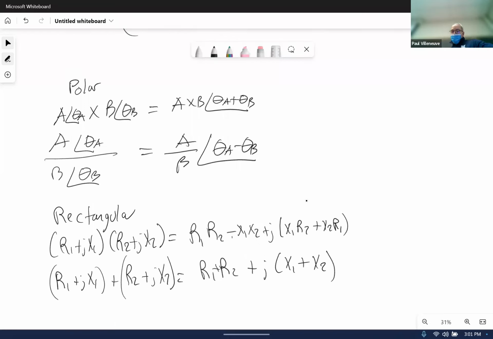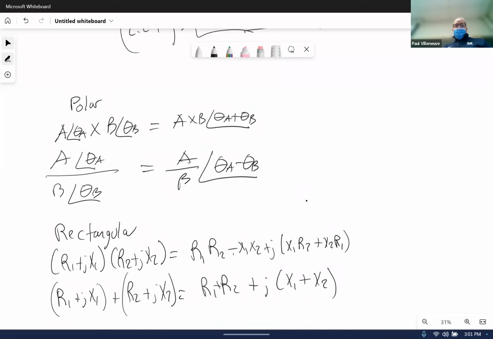So when you add or subtract rectangular numbers, what you need to do is add the real parts or subtract the real parts, add the imaginary parts, or subtract the imaginary parts. Okay? Very important that we understand how to do the rectangular and polar math to make our work way more straightforward in root locus.